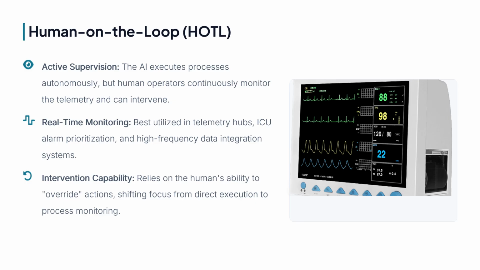So when you're talking of human on the loop, the human is more in the role of a supervisor. You're not approving every activity, you're just watching over things and intervening when necessary, right? So if you're thinking about an ICU monitoring dashboard, now the AI is continuously scanning everything.